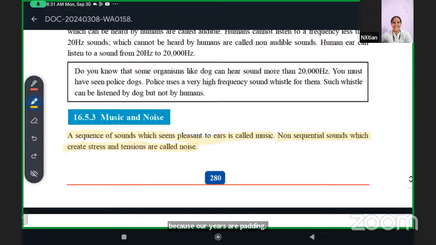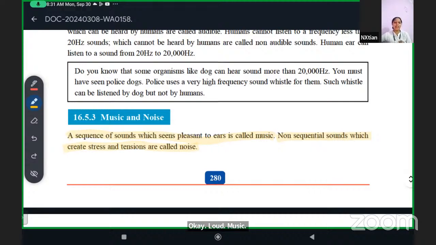Okay. So our hearing range starts from 20 hertz. And what I was telling you? Yes, music and noise. Some people like hearing loud noises, loud music, loud sounds.